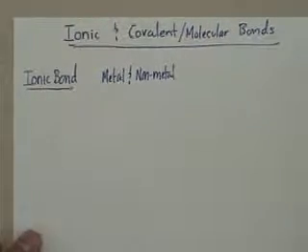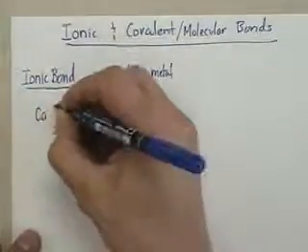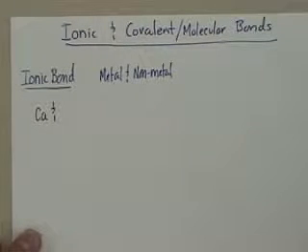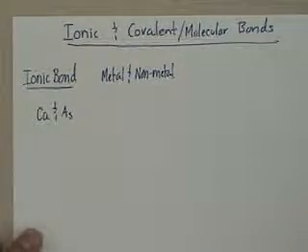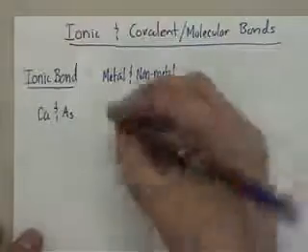So if we were going to pull out some ionic bonds, let's go with something like calcium, and anything from the non-metal side, how about arsenic? As. Arsenic is 33 and calcium is 20. So we look them up.